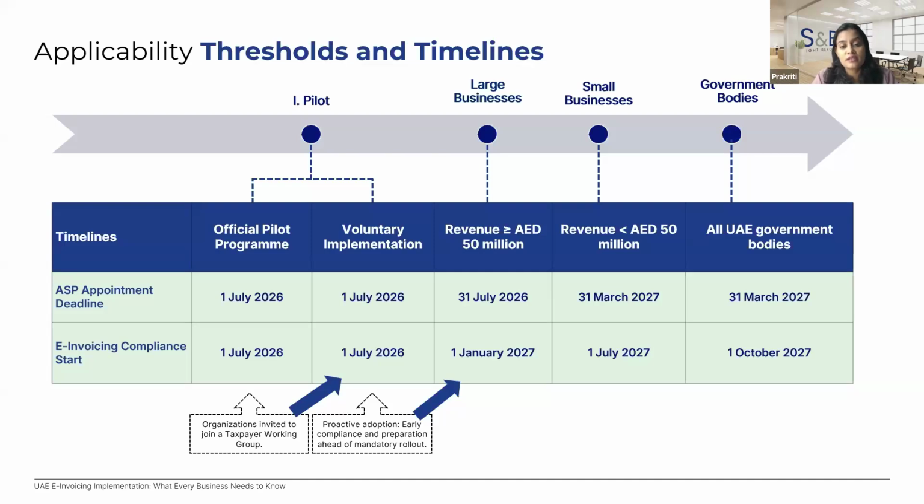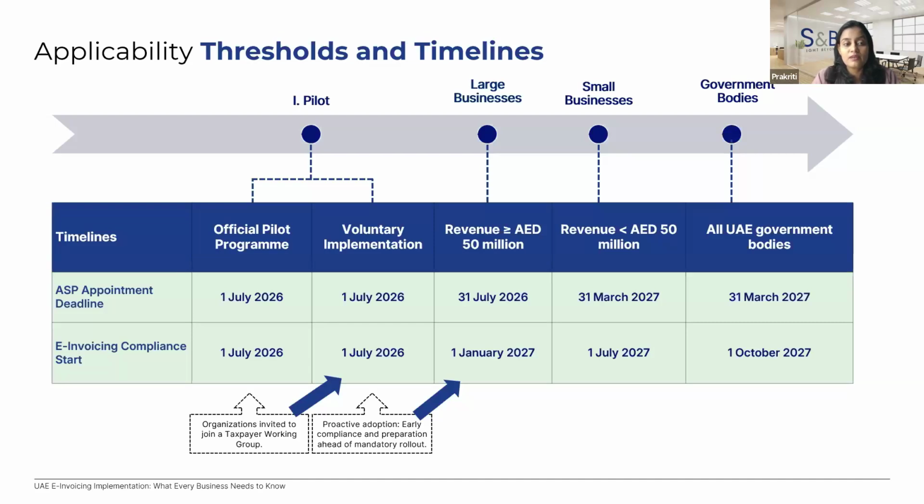And before that, again, there is a due date, which is for ASP appointment. Now, for appointing an ASP, you cannot just write down in your company file that this is the ASP that I feel like or have appointed in my agreements or contract. This needs to be done on the Imaratax portal.